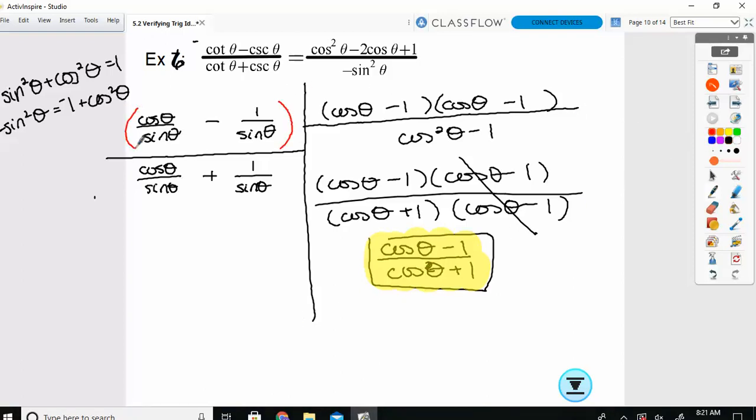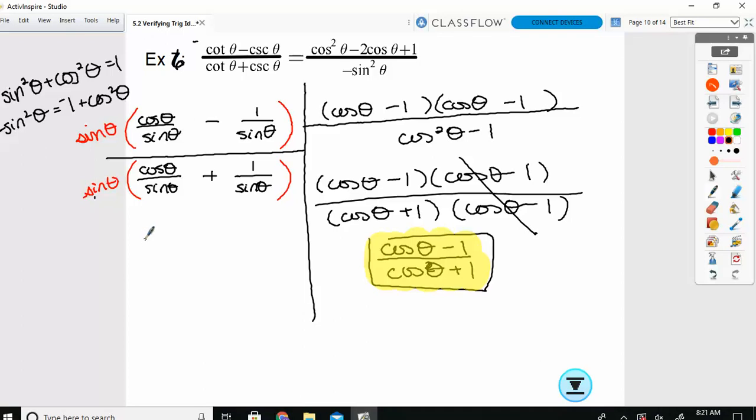One trick we've seen is it's okay to multiply the top and the bottom of the fraction by the same thing. What might we want to multiply by? I would do sine theta since it's on the denominator of all 4 of these little fractions.